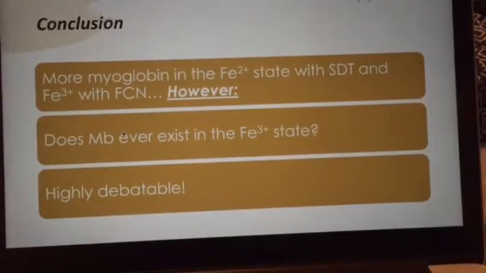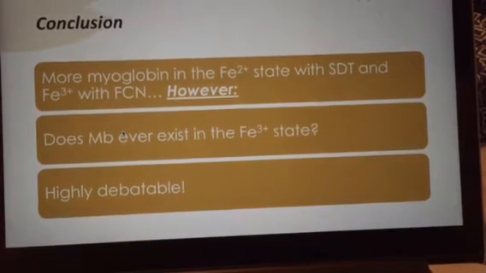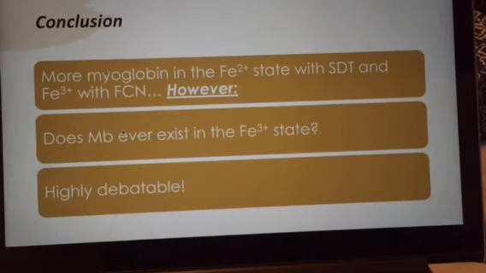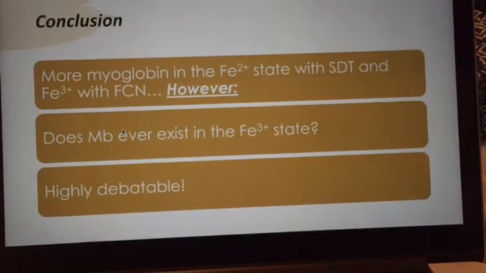Now we can draw some conclusions about our results, which would be that SDT is in fact a reducing agent, and we found when myoglobin is mixed with SDT, there is more iron found in the Fe2+ state, or the reduced state. And the opposite holds true for when myoglobin is mixed with potassium ferrocyanide, and we found more iron in the oxidized form, which is Fe3+.